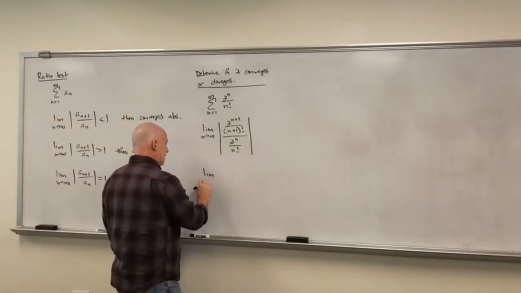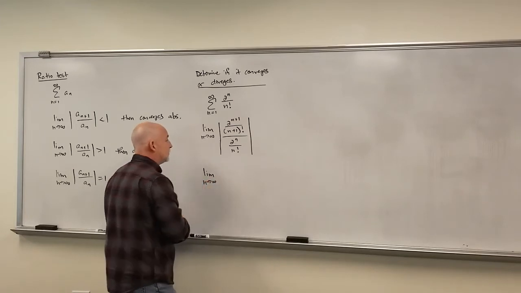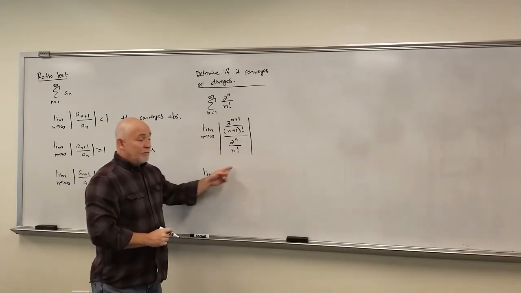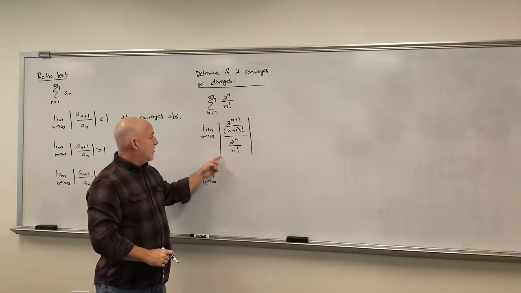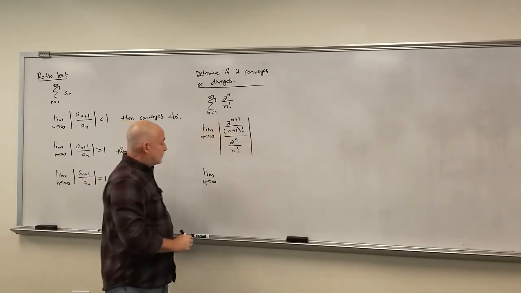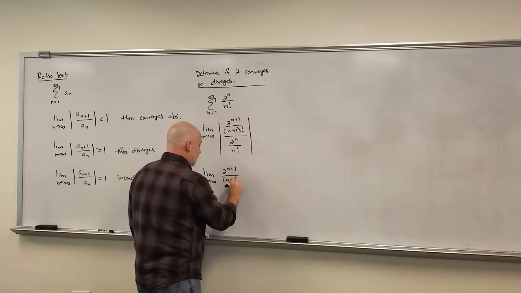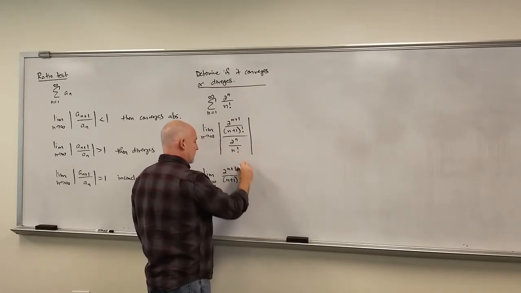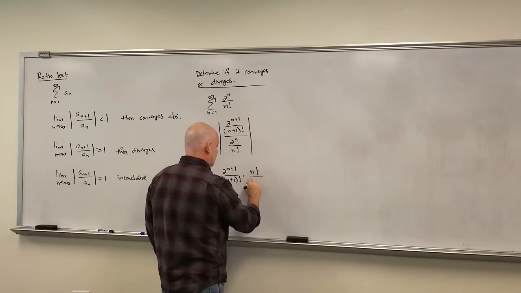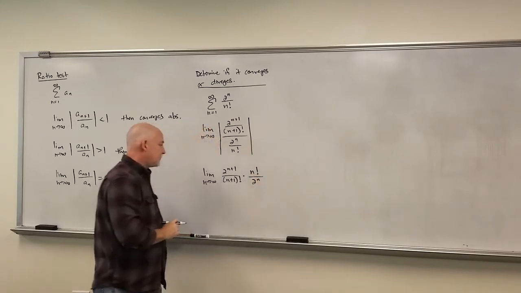First thing I'm going to do, limit as n goes to infinity. The absolute values. Notice everything inside there is positive, so we don't need the absolute values. So I get 2 to the n plus 1 over n plus 1 factorial times, I'm just going to flip and multiply, n factorial over 2 to the n.